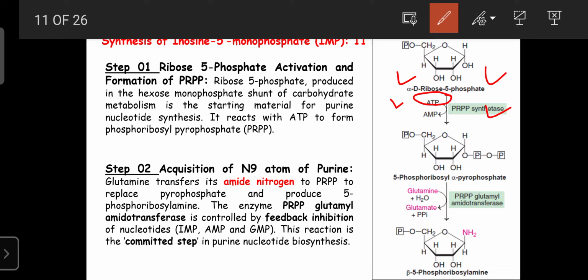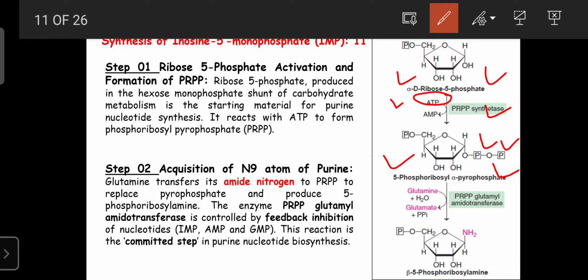Then it is responsible for the formation of 5-phosphoribosyl alpha pyrophosphate. The ATP is converted into AMP. Like that, it gives 2 phosphate groups to the ribose 5 phosphate, then it becomes 5-phosphoribosyl alpha pyrophosphate.